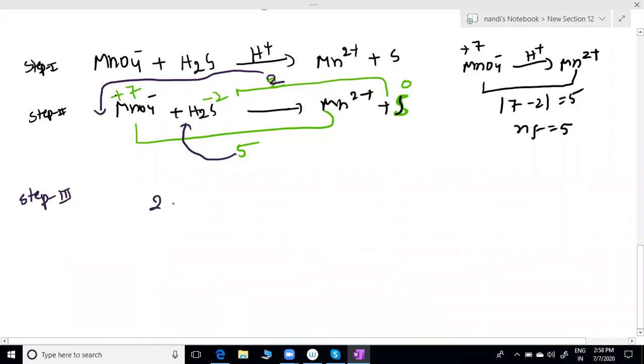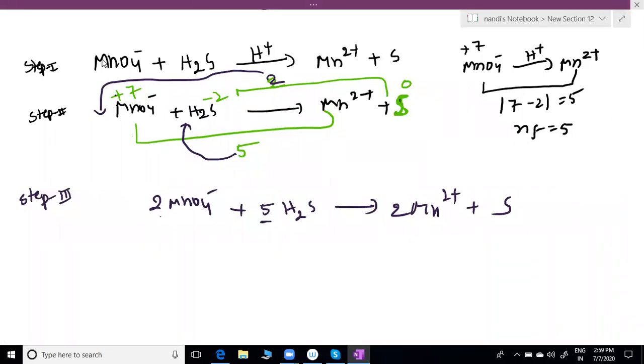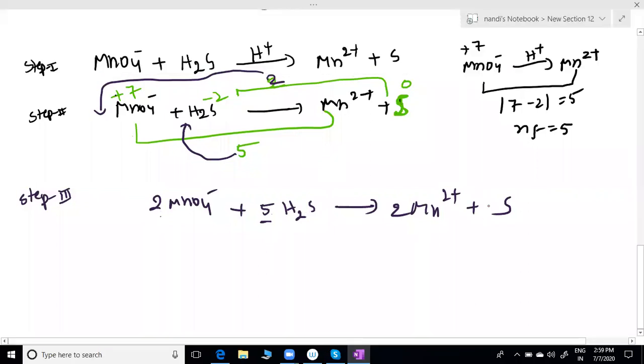So right here 2 MnO4 minus plus how much do I have to write here? 5 H2S gives rise to Mn2 plus and sulfur. Now you can balance atoms here. How many Mn? 2. How many sulfurs? 5. Now what is the next step, sir?